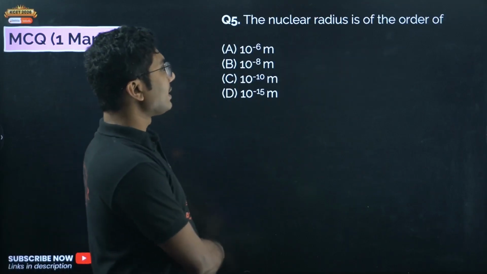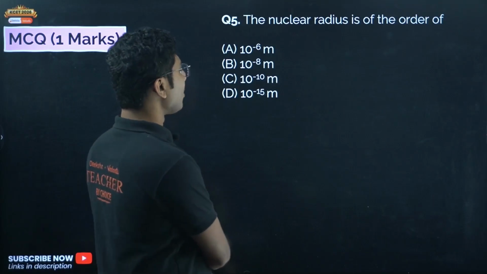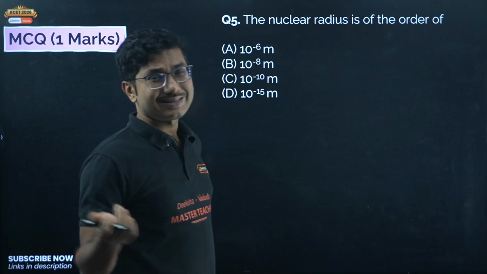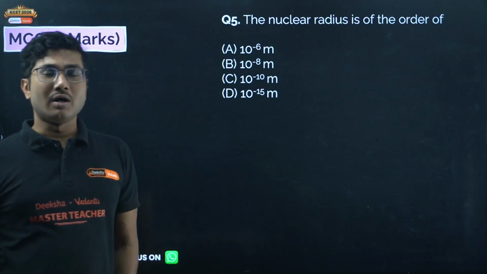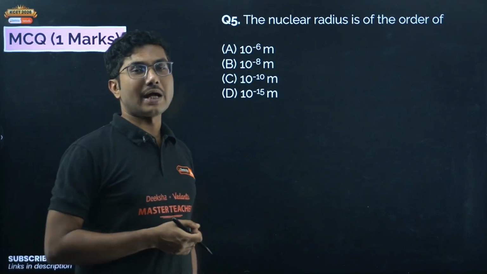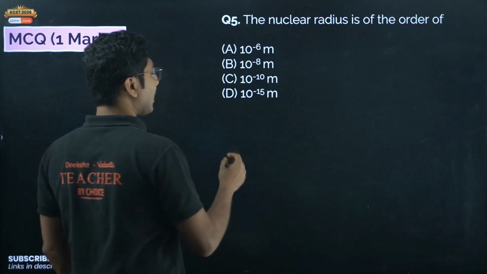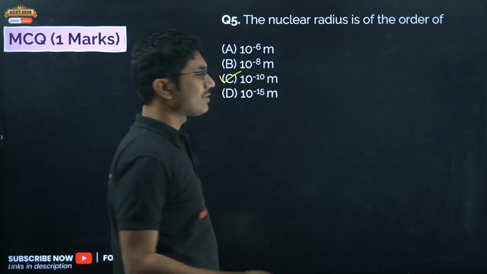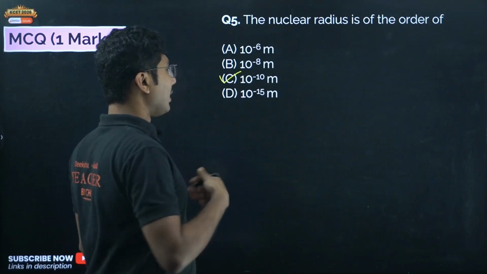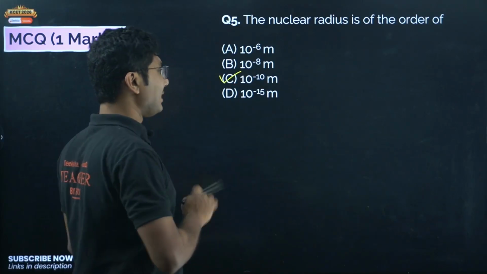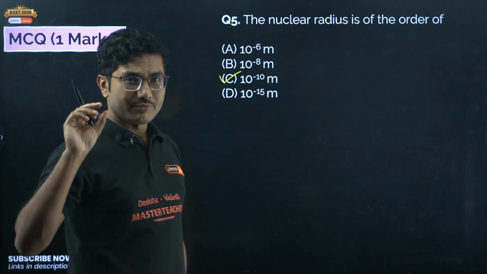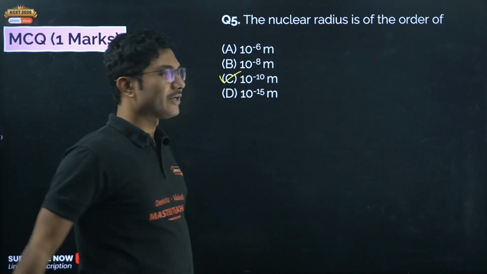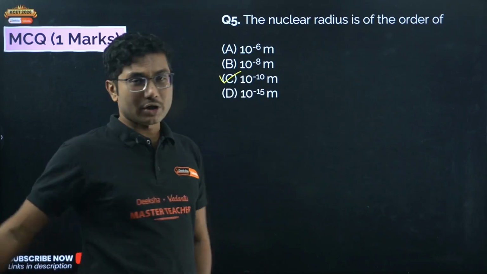The nuclear radius is of the order of 10 to the power of minus 15 meter, about 10 to the power of 5 times smaller than the atomic radius, which is around 10 to the power of minus 10 meters. The options show a few hundred fermis, and a distance much smaller than 1 fermi.